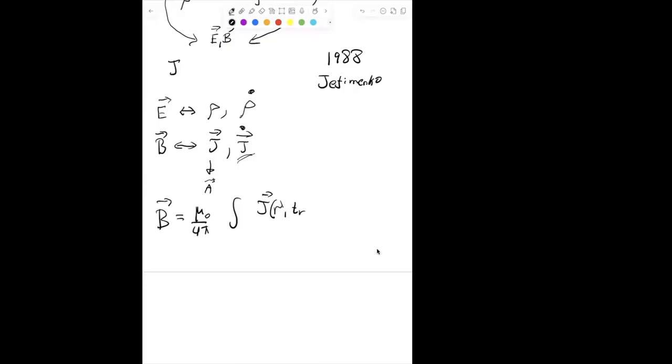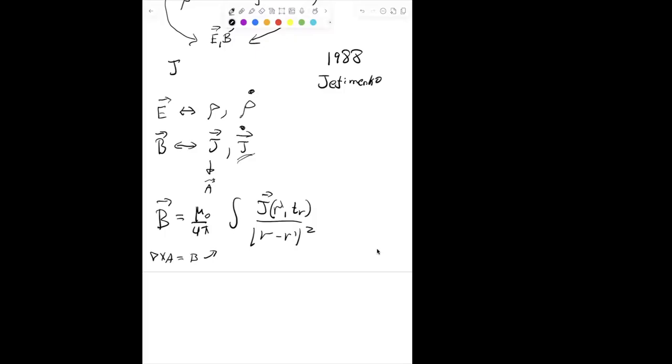Here I have this t_r, this strange backward time, retarded time, over r minus r prime squared. And this part of the integral is very standard. I mean, we had it before. This is because I operated on 1 over r minus r prime with the curl, I just used curl A equals B. I use the equation that we had before.